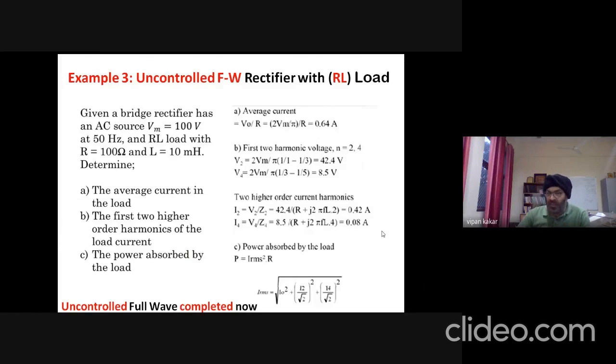If the application doesn't allow any discrepancy or disturbance at the output, then this harmonic content, no matter how small it is, must be removed. Like in MRI imaging, even a small disturbance can give us a false result at the output. So in that case, even a small value of current can be removed. So depending upon the application, these things are normally decided.